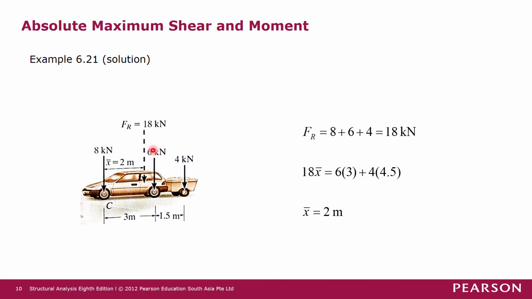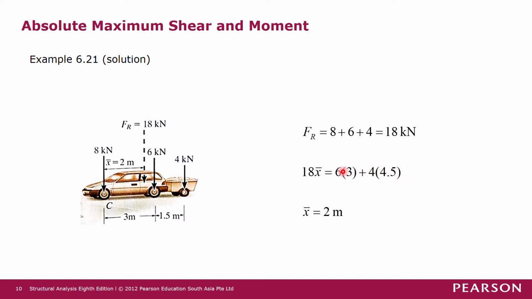The 6 kilonewton force has a distance of 3 meters, so the moment is 6 times 3. The 4 kilonewton force has a distance to C of 4.5 meters, so it causes a moment of 4 times 4.5.